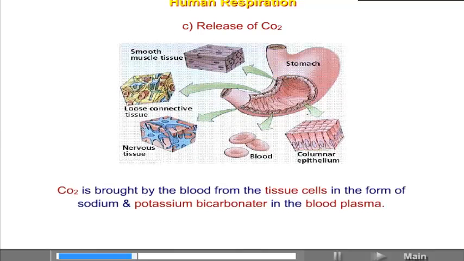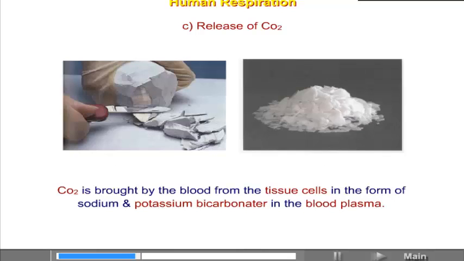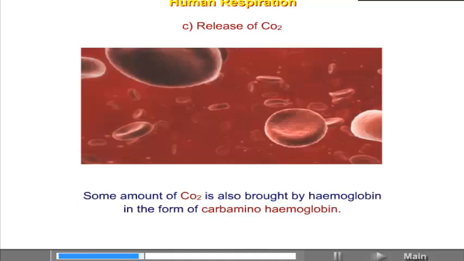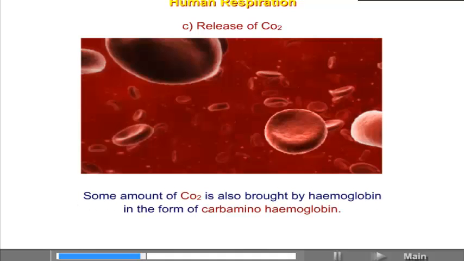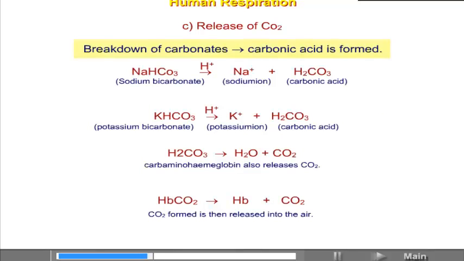Release of carbon dioxide. Carbon dioxide is brought by the blood from the tissue cells in the form of sodium and potassium bicarbonates in the blood plasma. Some amount of carbon dioxide is also brought by hemoglobin in the form of carbaminohemoglobin. Breakdown of bicarbonates, and carbonic acid is formed.